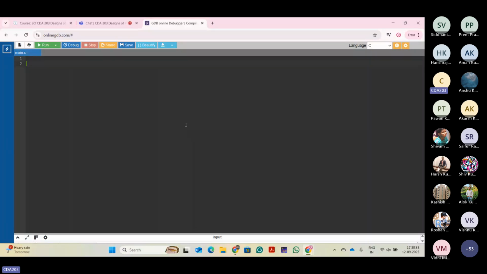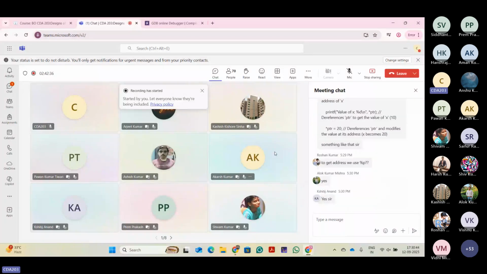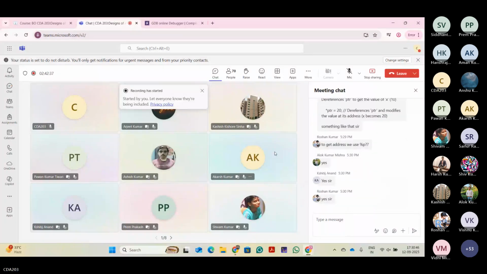Fine, I think my screen is visible, right? For the address we use %p, which corresponds to the address, if you want to print the address.